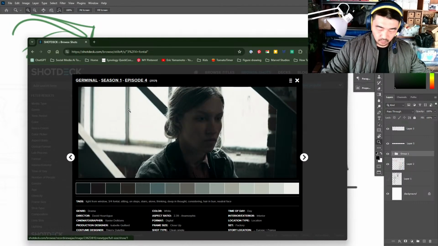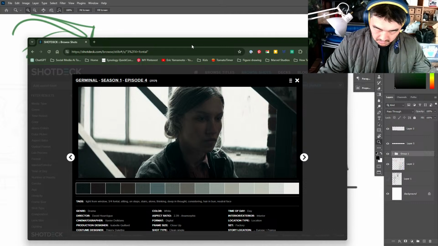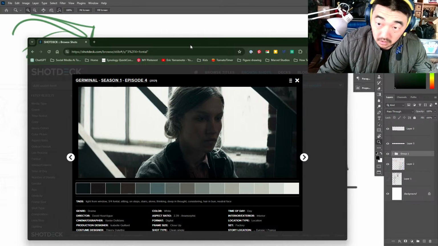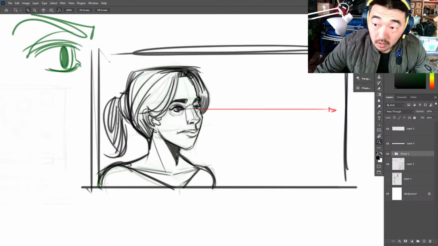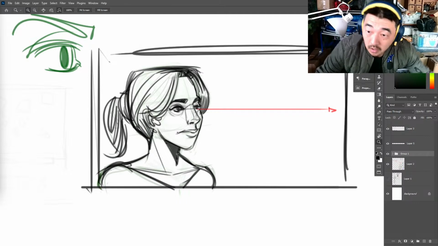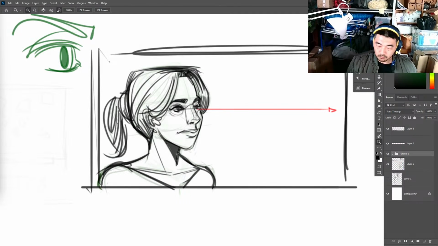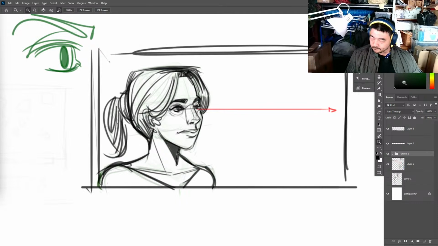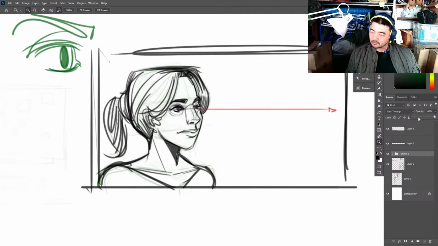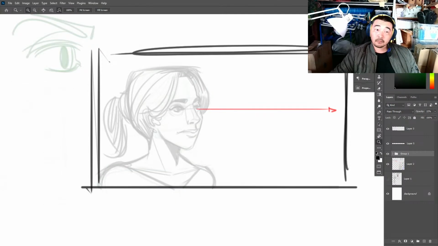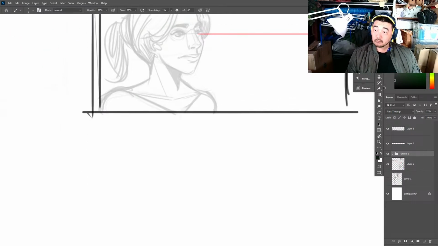Wow, they only have one 3/4 frontal shot. Okay. Wow, that's a beastly face. That's awesome.